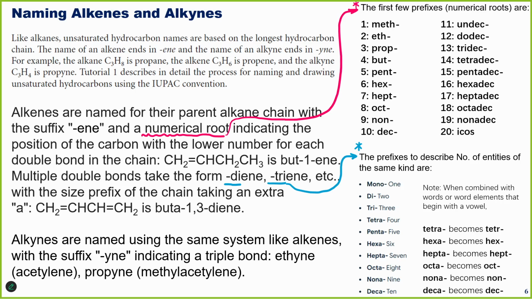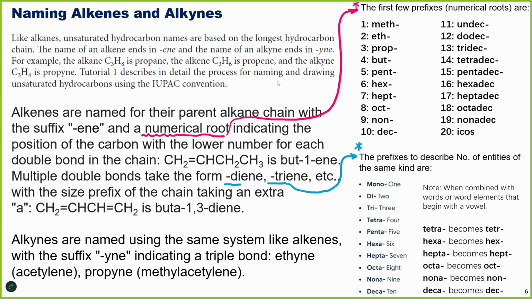The alkene C3H6 is called propene, and the alkyne C3H4 is called propyne. We're going to have a look at some tutorials which describe in detail the process for naming and drawing the unsaturated hydrocarbons using the IUPAC convention.